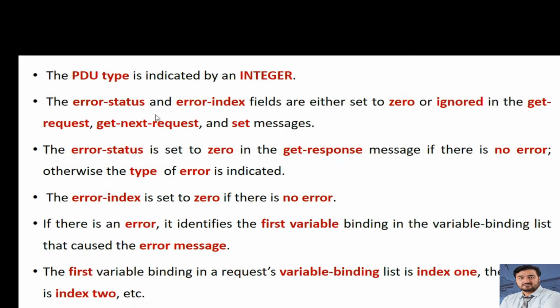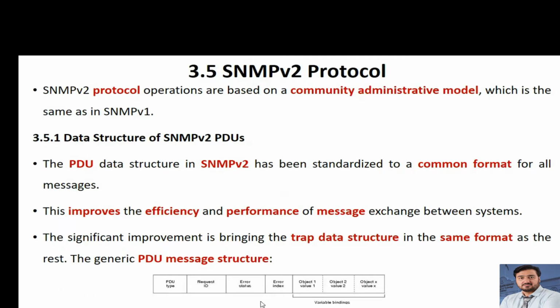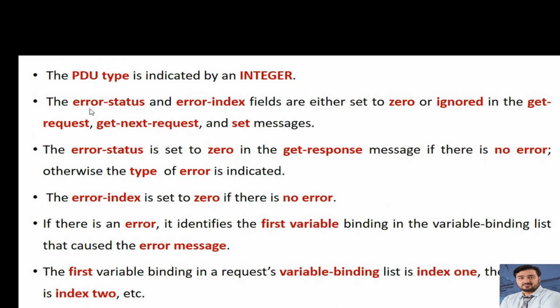Now we are explaining this one. This is the error status and this is the error index. These fields are either set to 0 or ignored in get request, get next request and set messages sent by the manager, the SNMP manager.